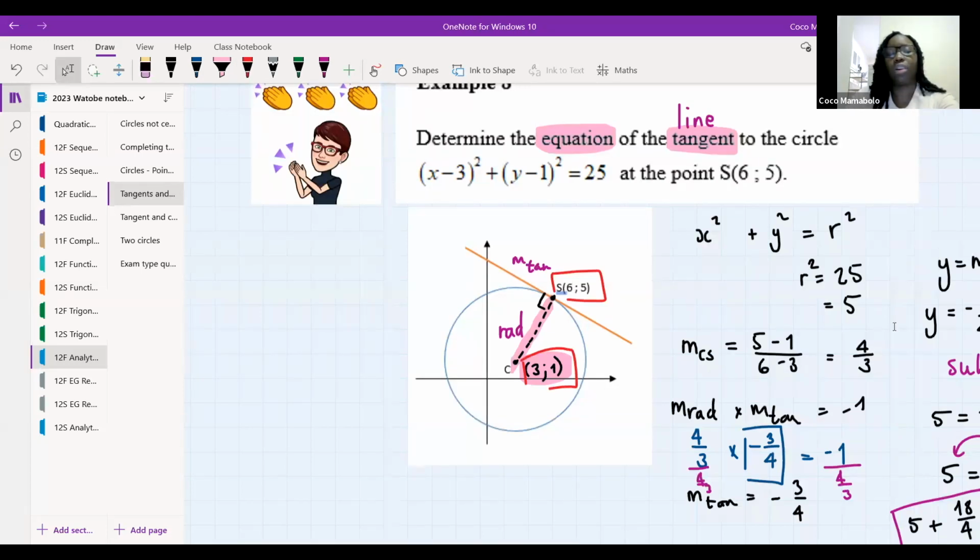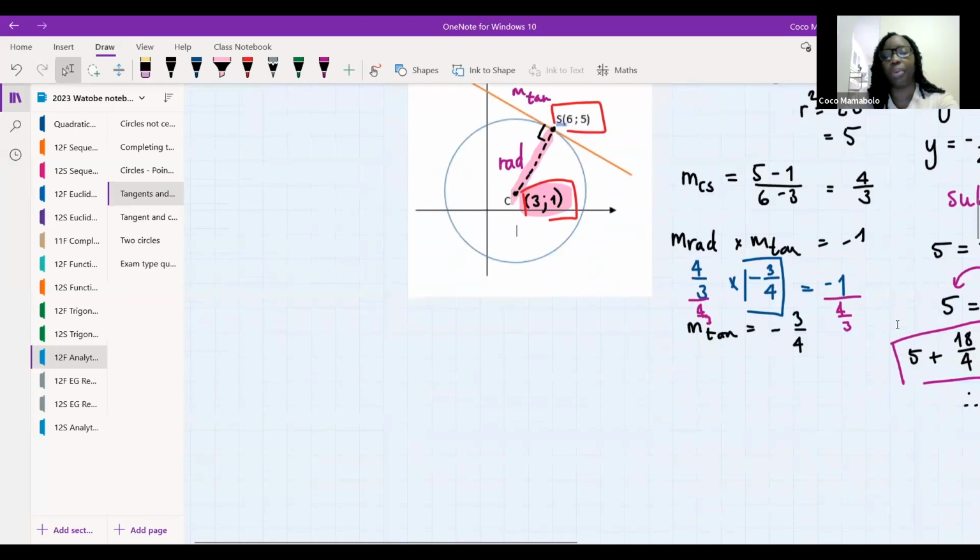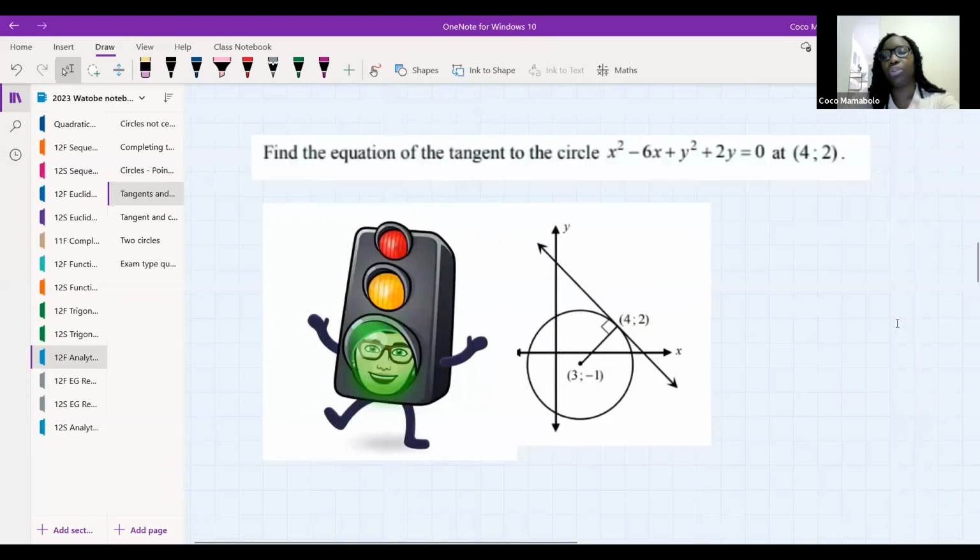All right, let's have a look at another example. I'm going to give you guys some time to do this one on your own. Kuma's asking, is this analytical and geometry all together? Yes, it is. I would like everybody to try this example. Have a look at what you've been given, guys.